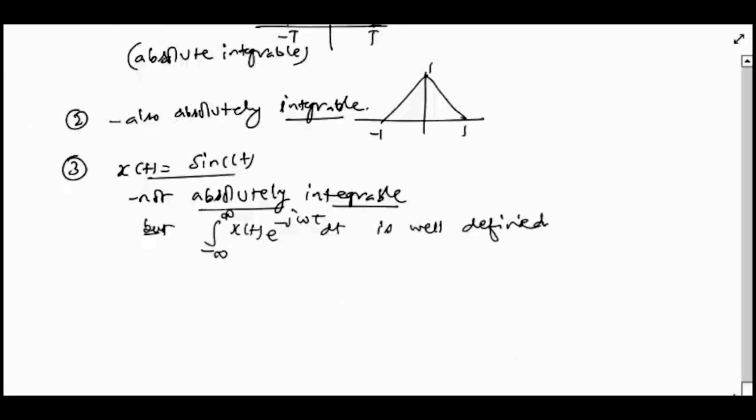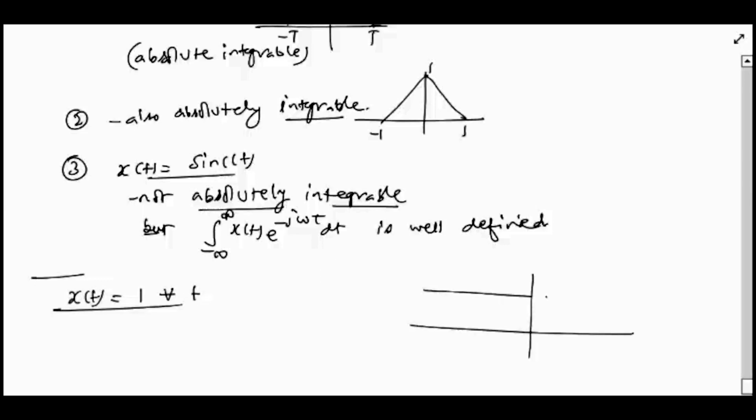But what about the signals for which this Fourier transform integral is not well defined? Let's see, for instance, x(t) equals 1 for all t. So this is a constant signal. For this signal, the integral from minus infinity to infinity of e raised to minus j omega t dt is not well defined.